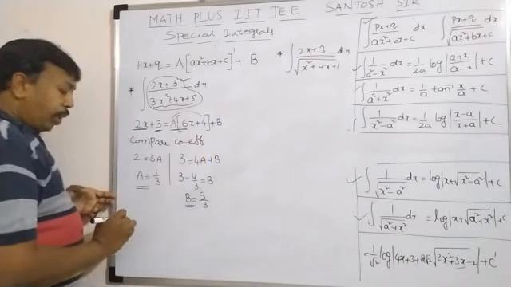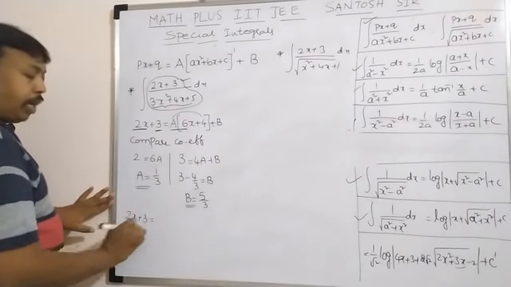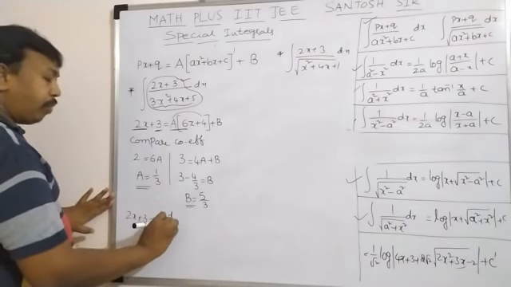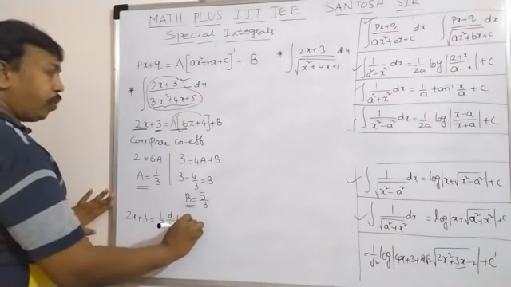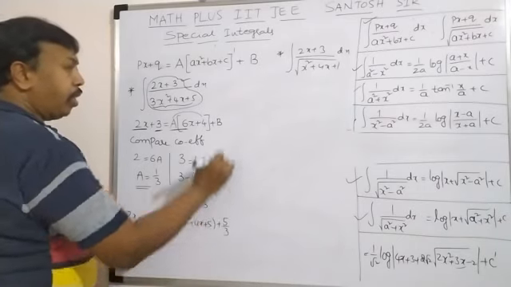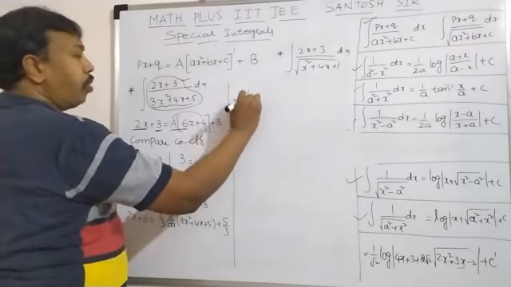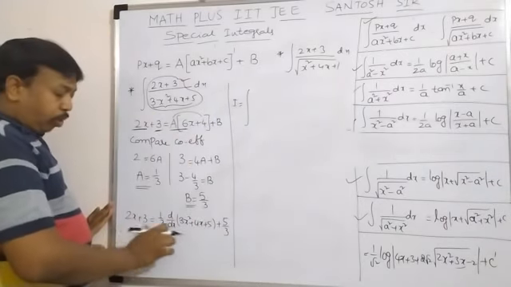Now the numerator, that is 2x plus 3, I am writing with a value 1 upon 3 into d by dx of 3x square plus 4x plus 5, plus 5 upon 3. Now the integration I is equal to, this entire function I am going to arrange in this formula.